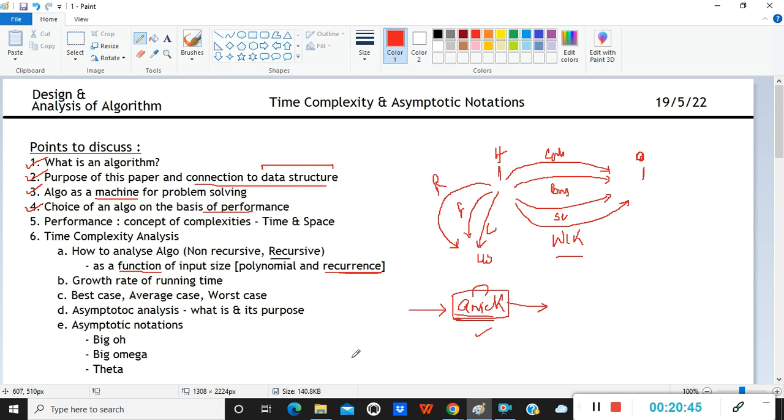RAM only, because you are considering your algorithm while it is executing. While an algorithm is running, it is occupying some space from the RAM. So space complexity tells you how much RAM memory space will be occupied by your algorithm.